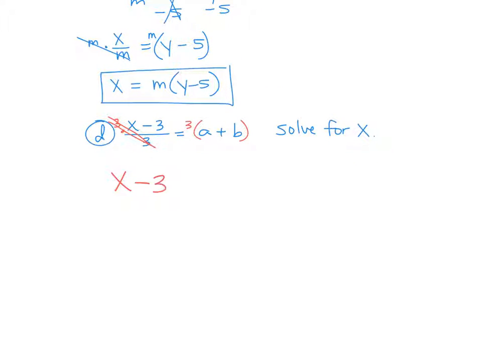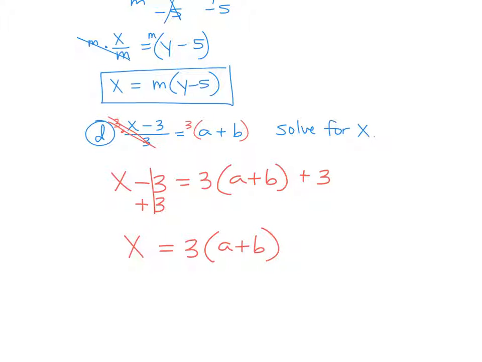We get x minus 3 equals 3 times (a plus b), and we're solving for x. What do we do? We're going to add 3. So you get x equals 3 times (a plus b) plus 3.